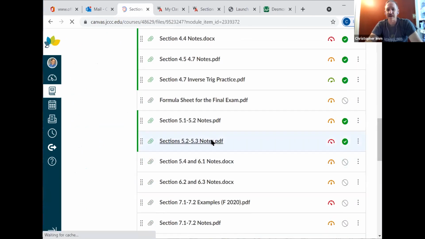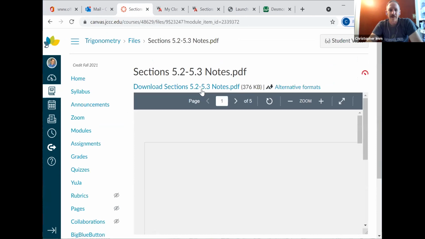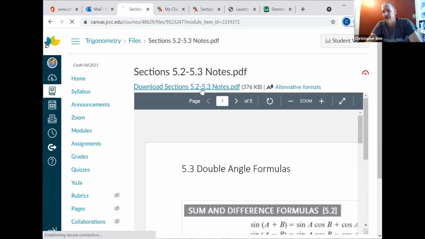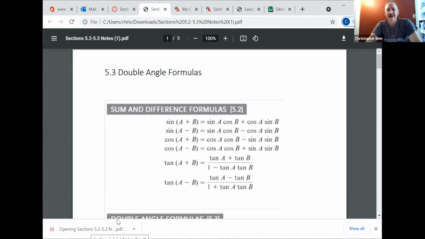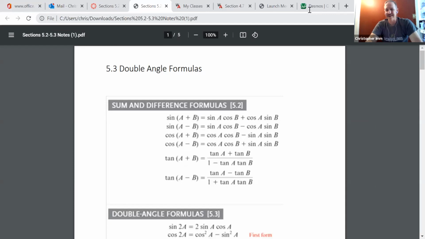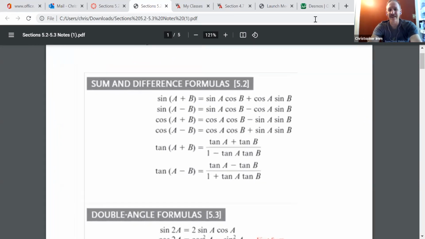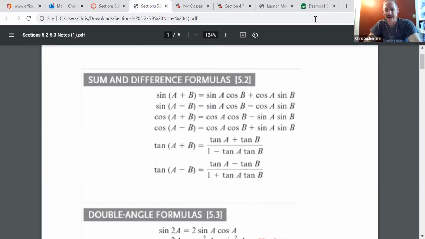Yeah, so those will be available for you. And I'll just click on this and bring it out. Okay. So great, we've done the sum and the difference formulas there. Everybody see my Canvas, the sheet? Yeah, okay, thanks. So we've done the sum and difference formulas. That's what we were just looking at.